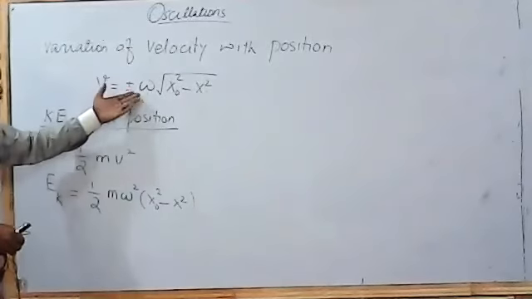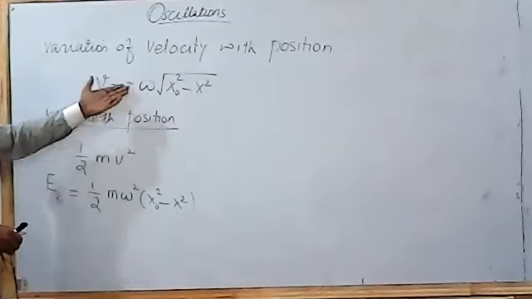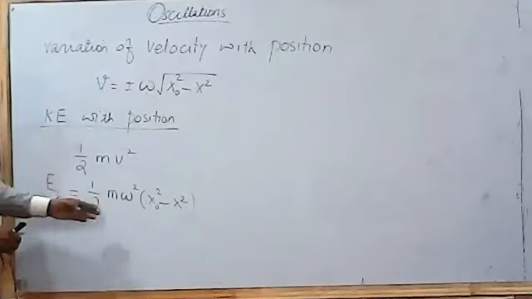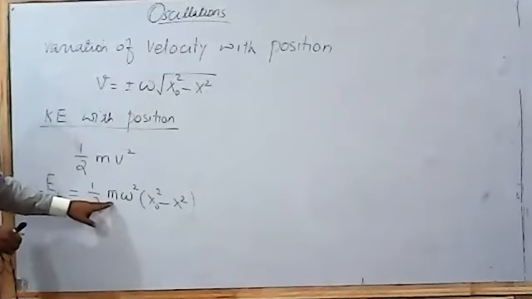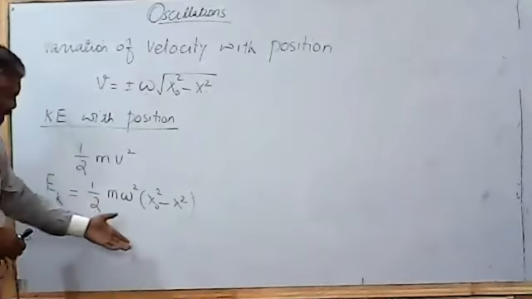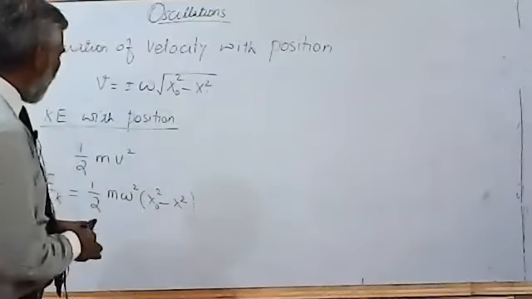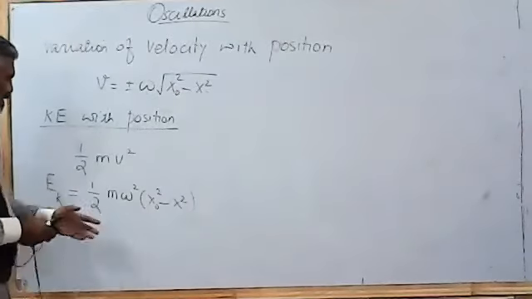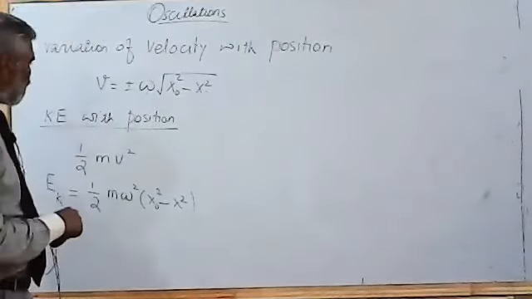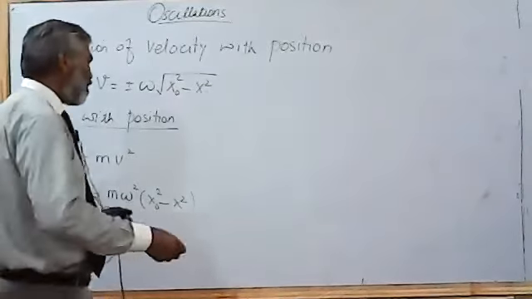We can calculate velocity without worrying about its mass, but in order to calculate kinetic energy, we have to add the value of mass as well in the expression. And this is a very, very simple expression that tells us how kinetic energy is varying with displacement.